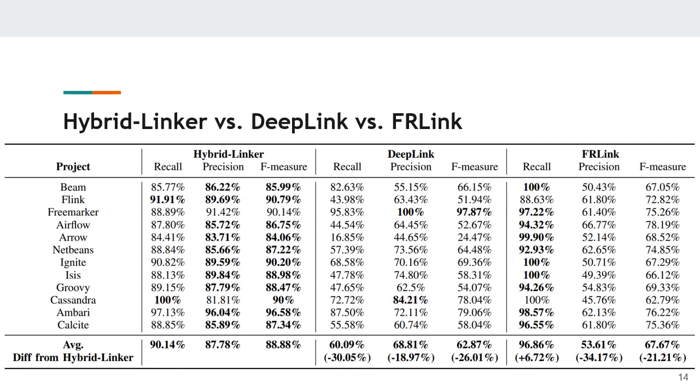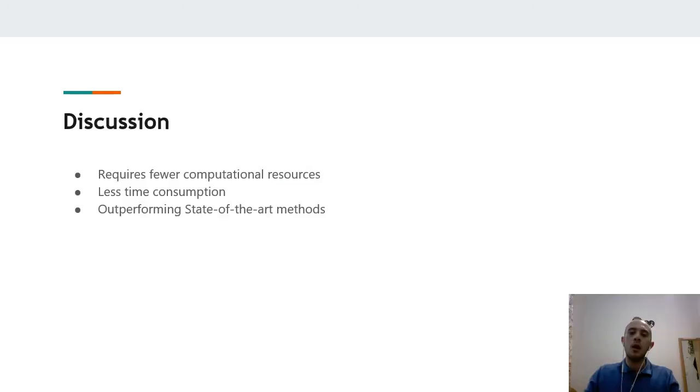Next, it outperforms DeepLink and FRLink except for the recall of FRLink. This is because in FRLink they solely focus on recall maximization, which we believe will significantly decrease the precision of their method. As for discussion, our proposed method requires fewer computational resources than the state-of-the-art models, while outperforming them in F measure with less time needed.